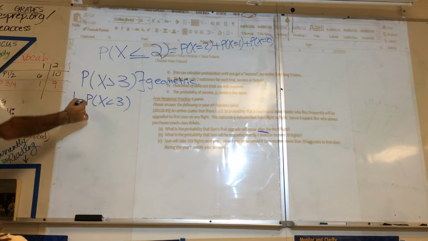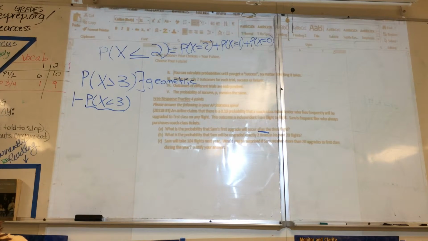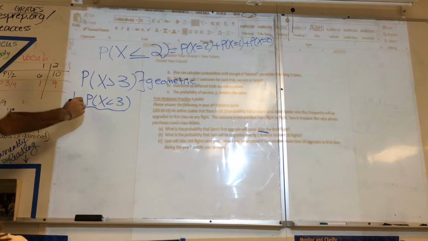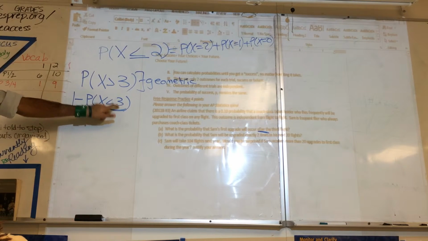A lot of people wrote this and then calculated it and forgot to do 1 minus. So it should have been 1 minus the probability x is less than or equal to 3. Remember, this is just a geometric probability. You all know how to do that. That is the one that does not have the combination. That is just the regular old p to the first power times 1 minus p to the k minus 1, where this is k.